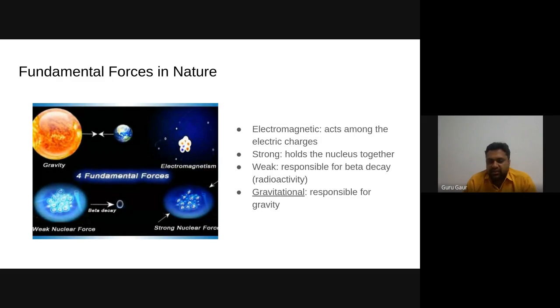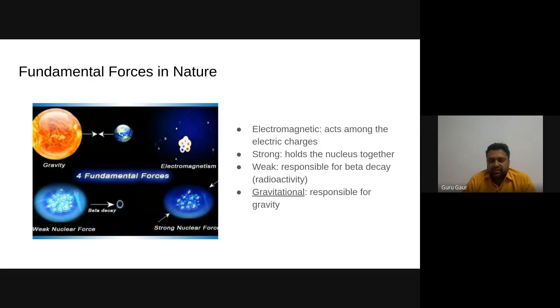Then they try to move away from the nucleus, or lose energy sometimes in the form of alpha, beta, and gamma rays. We call these radioactive decays, and the phenomenon is radioactivity.